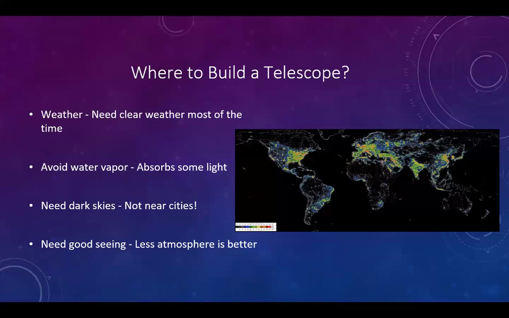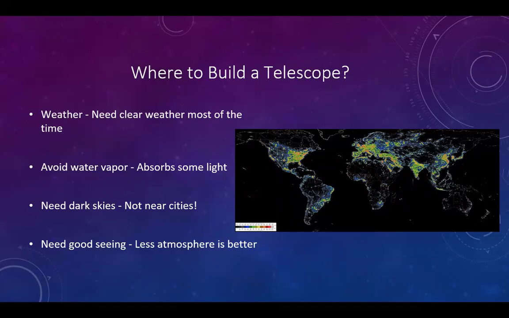So, where do you want to build a telescope? Well, if you're building an optical telescope, you know what you don't want? Clouds, because they get in the way. So you need clear weather most of the time. You want to go somewhere that doesn't have a lot of weather. You want to avoid water vapor because it absorbs light and helps distort images.